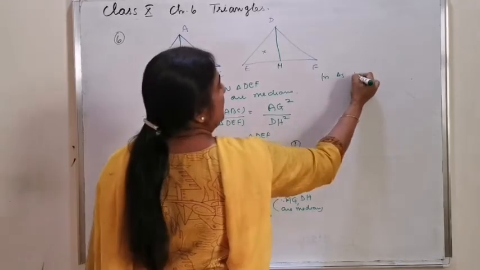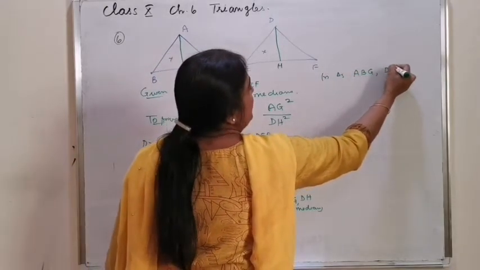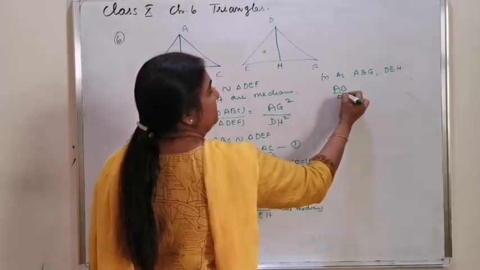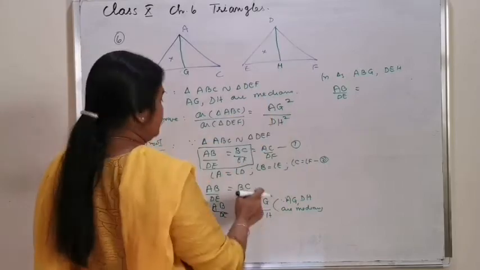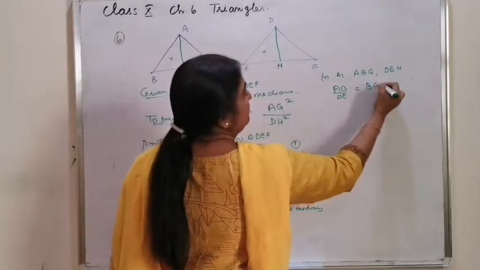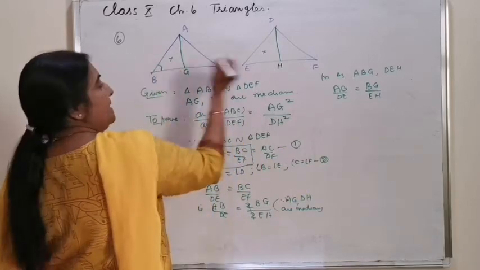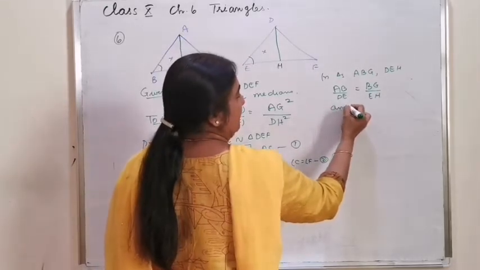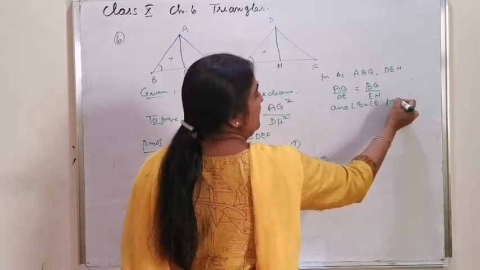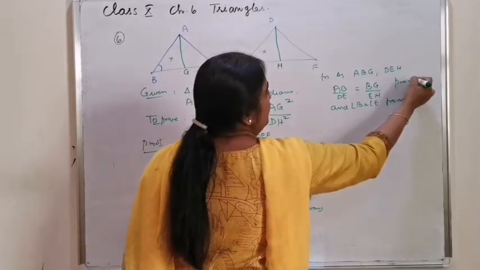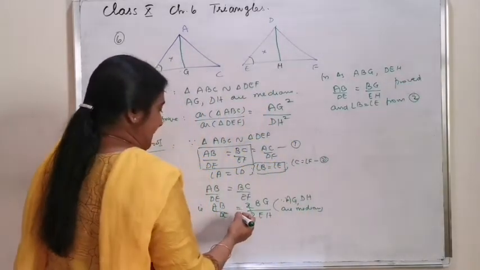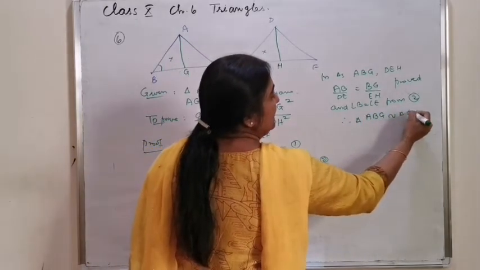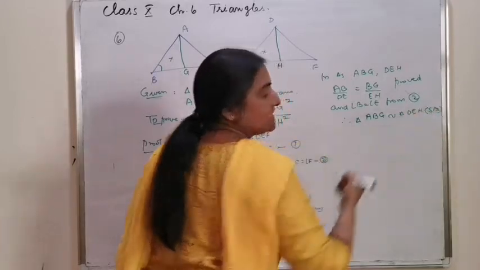In triangles ABG, DEH, AB by DE is equal to BG by EH, and angle B is equal to angle E from 2. This is proved. Therefore, triangle ABG similar to triangle DEH by SAS similarity.